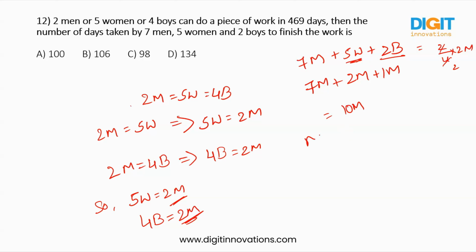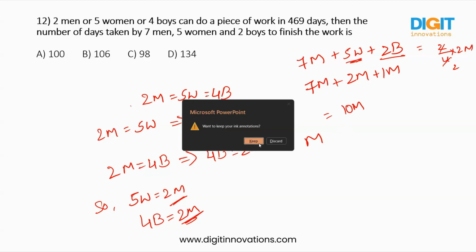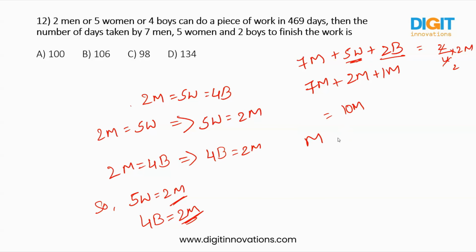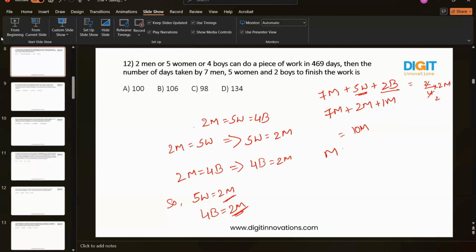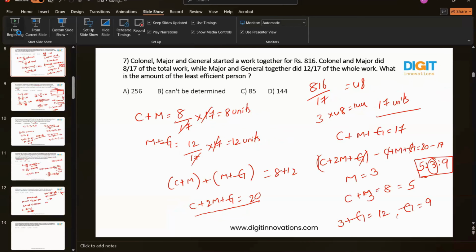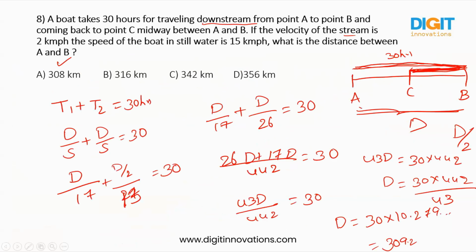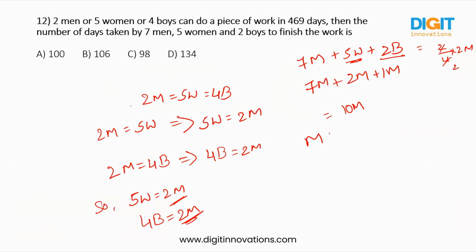Okay. Now we will use one formula, which is man into days equal to man into days. So we already know how many men were there? 2 men.